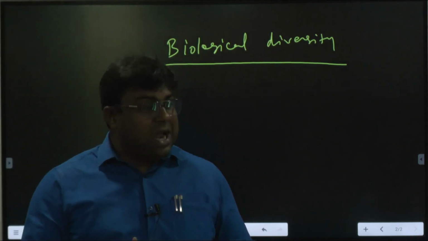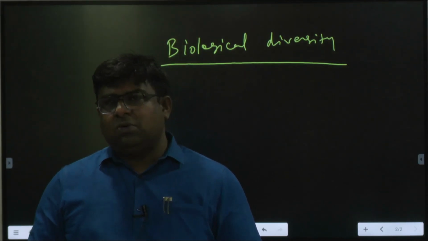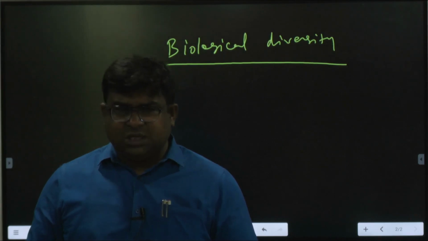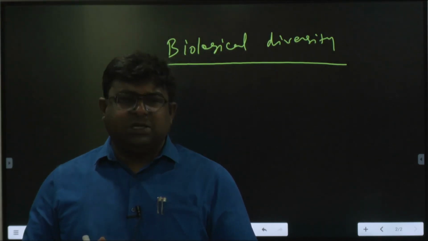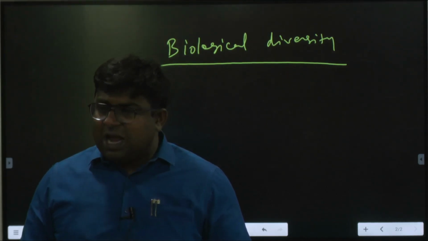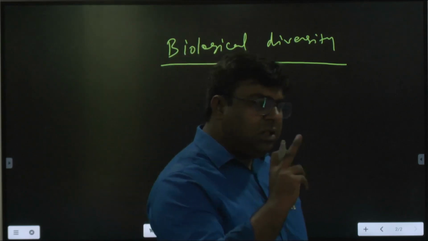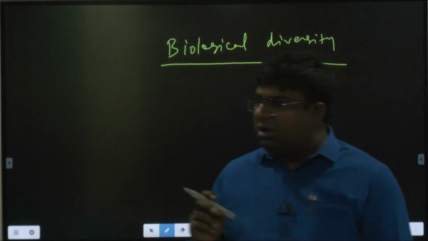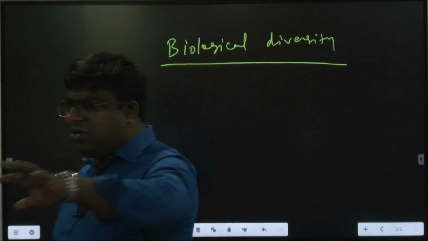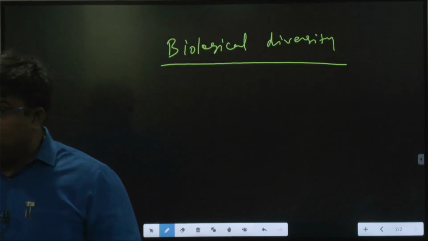That's why we usually read about the discovery of new species on a very frequent basis. If reading the newspaper is your habit, every month you will find at least one news item about the discovery of a new species in different corners of the world.